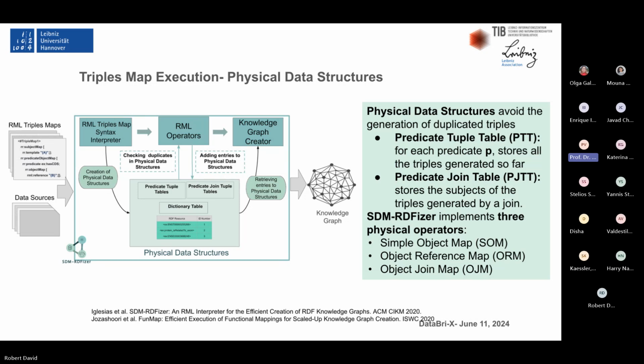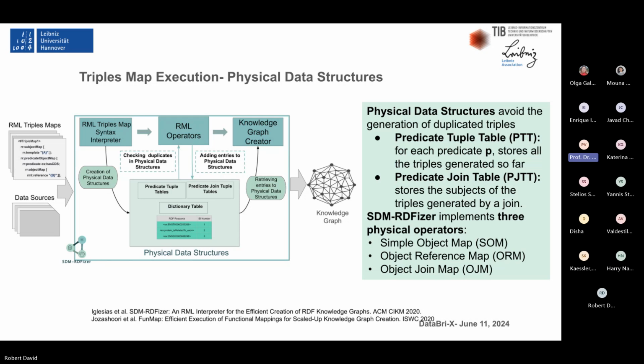In order to do that, the artificer maintains two data structures. One is called the predicate tuple table, which, per predicate that is generated, stores the triples generated so far. And the predicate join table is the one that keeps what has been generated when there are joins between the mappings.